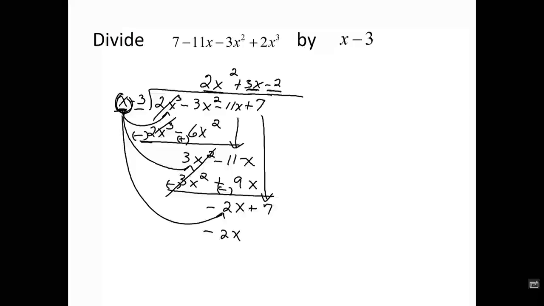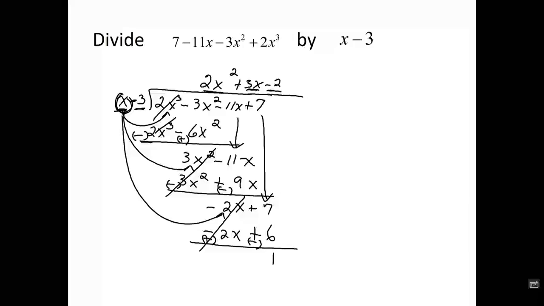A negative 2 times a negative 3 is a positive 6. Be careful. Draw the line and subtract. When we subtract, a positive 2x plus a negative 2x cancels. A negative 6 plus 7 is a positive 1.